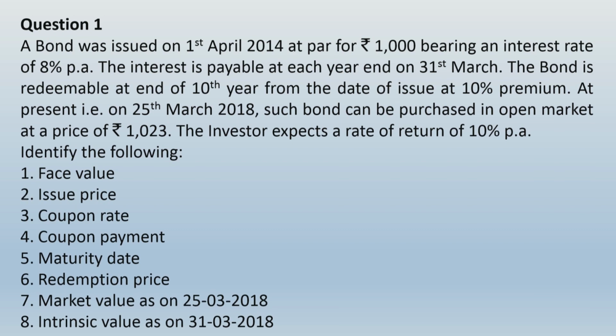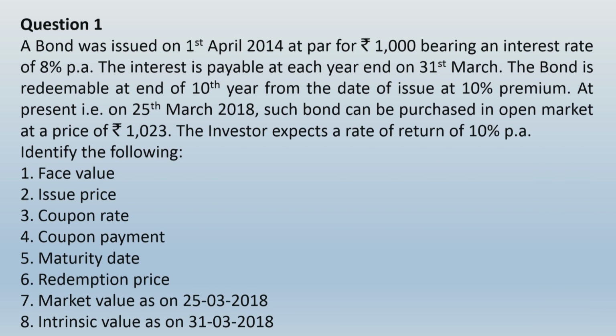Bond is redeemable at end of 10th year from the date of issue at 10% premium. At present, that is on 25th March 2018, the bond can be purchased in open market at a price of rupees 1023. The investor expects a rate of return of 10% per annum.